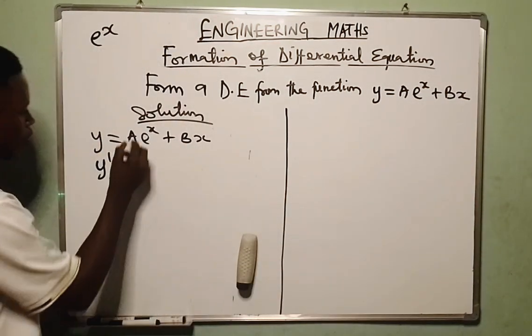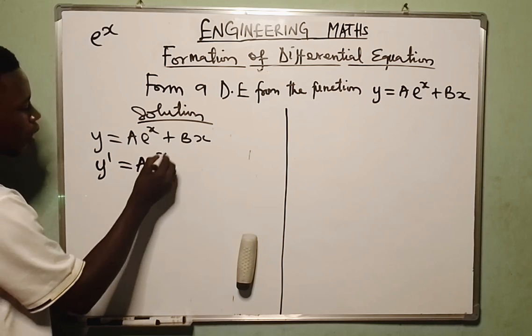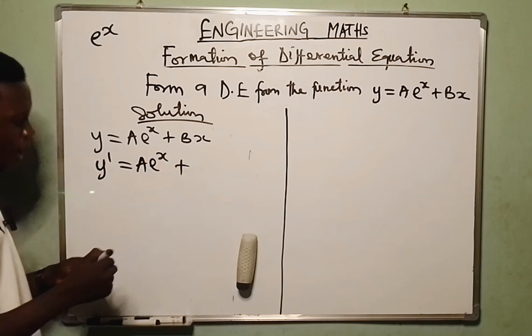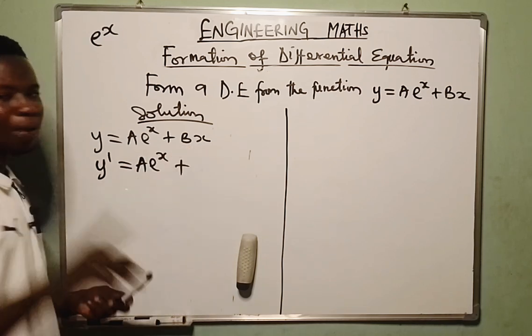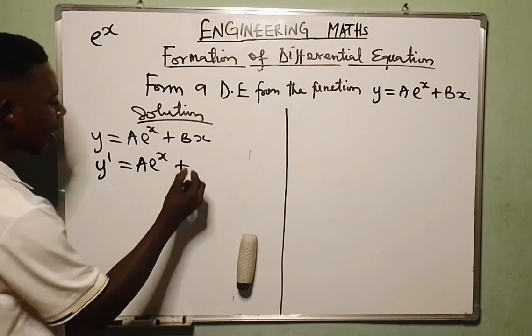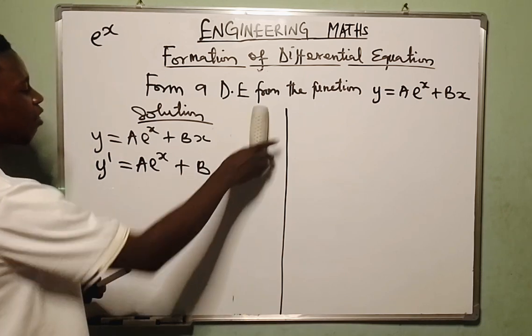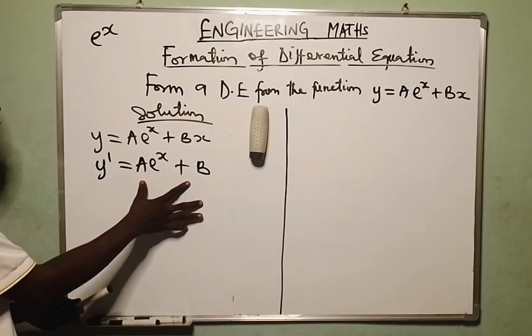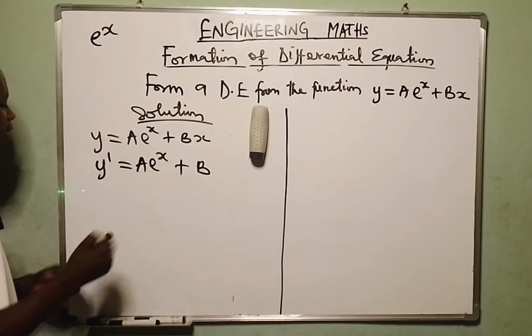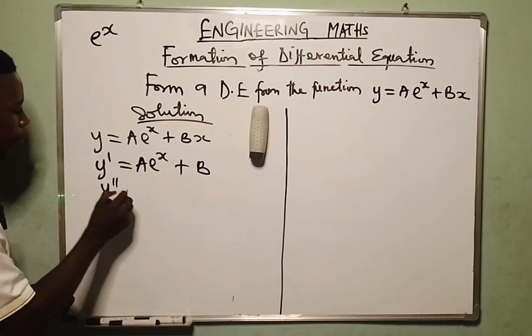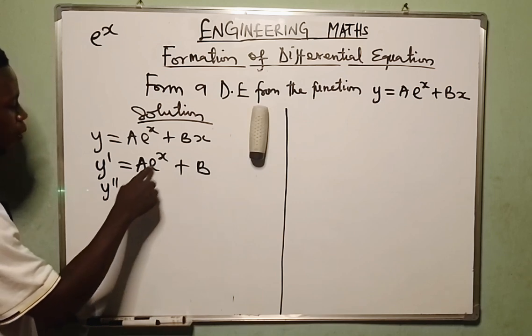Now don't forget your constant, which is a e^x, plus when you differentiate bx here, you are going to be having 1, which is b. You are left with b. Now this is your first differentiation. The second differentiation will give us y double prime, which is a e^x.